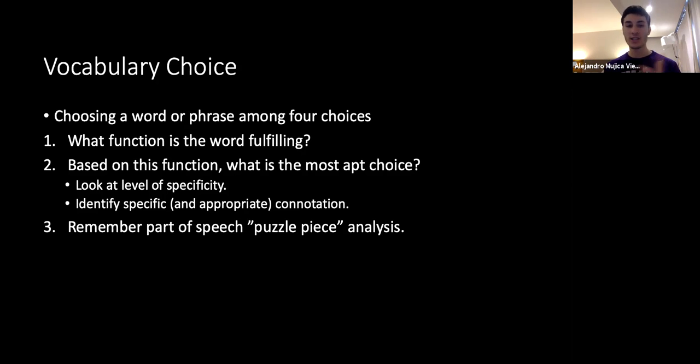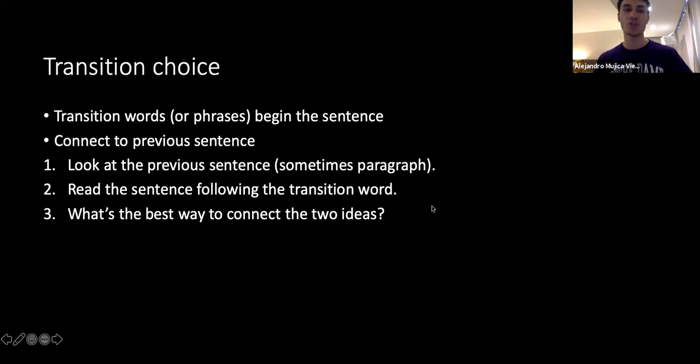So you look at specificity and connotation to determine the best choice possible. And a little tip is to remember the part of speech puzzle piece analysis that we did, determining all the parts of speech that are present and what's missing based on that. Any questions about this? Nope. All right.